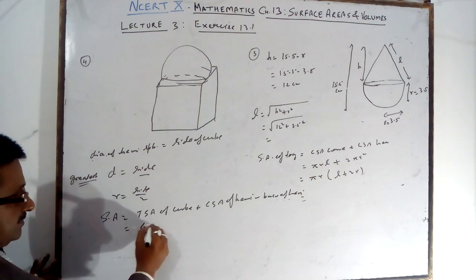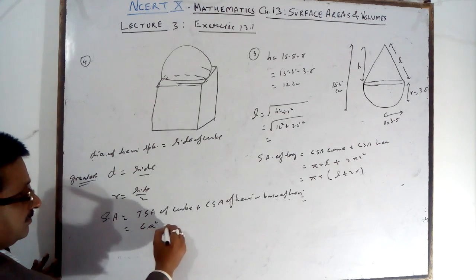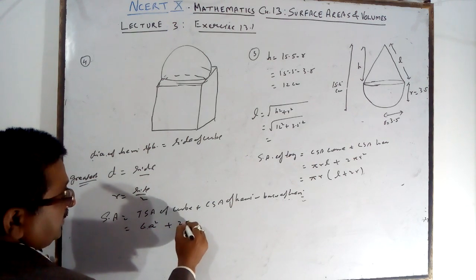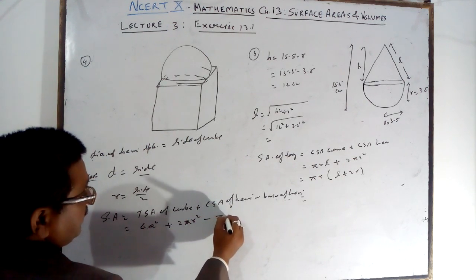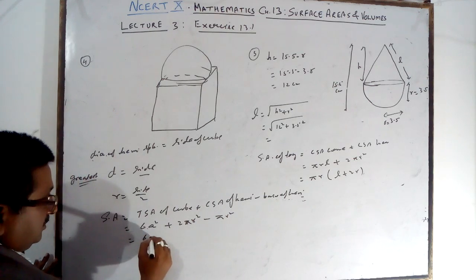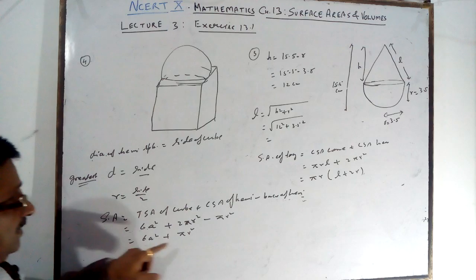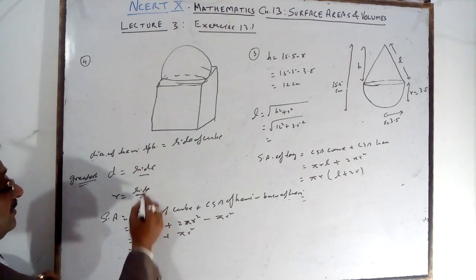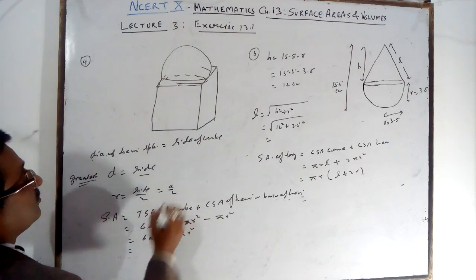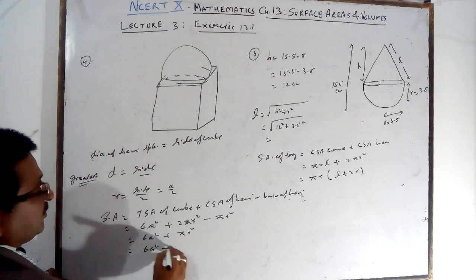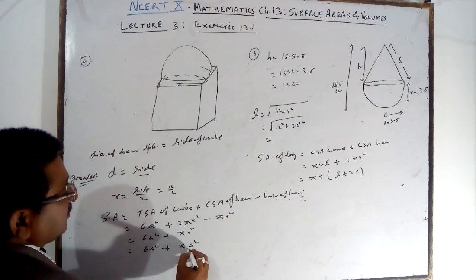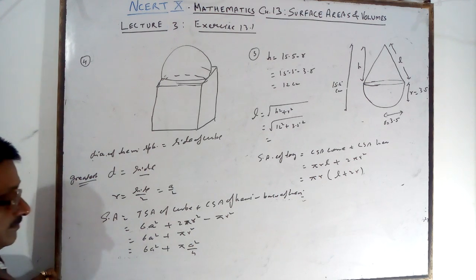So TSA is 6a square plus 2 pi r square minus pi r square. Put the value: 6a square plus pi r square. What is the r given here? a by 2. So 6a square plus pi a square by 4.